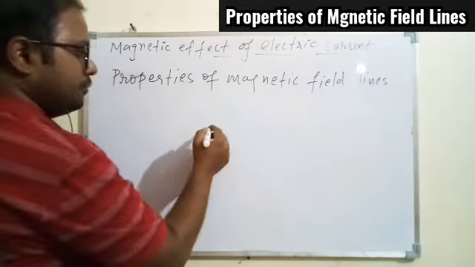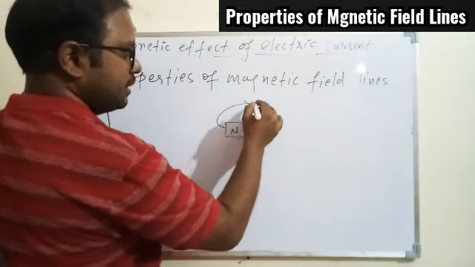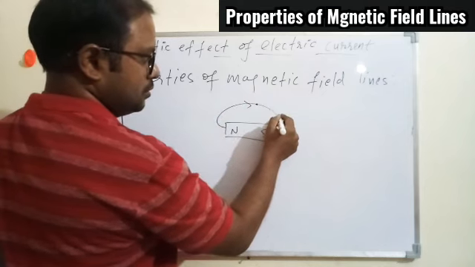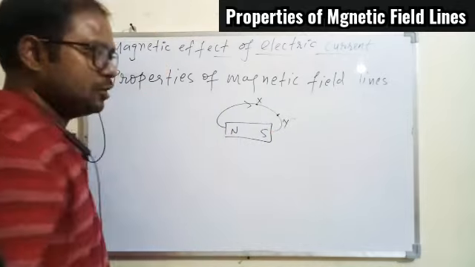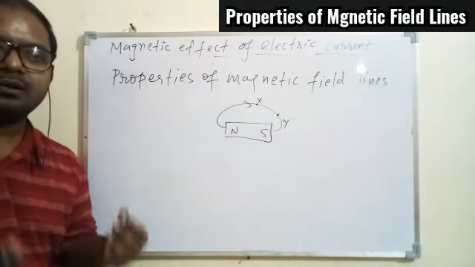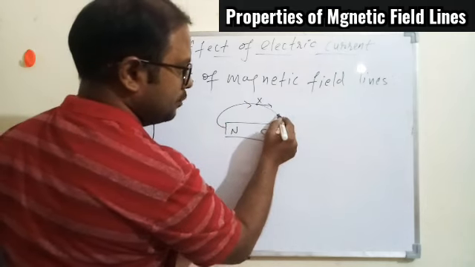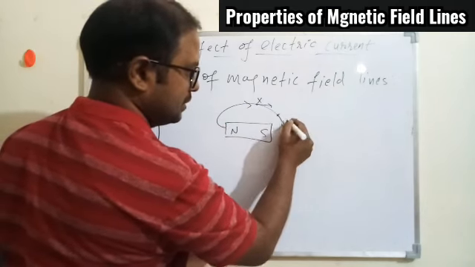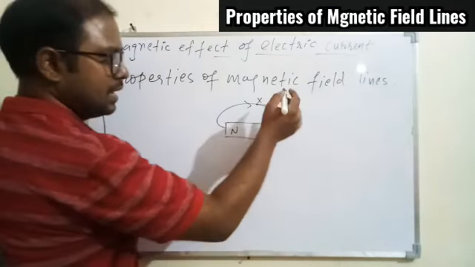And one more thing, if anything is a vector, we know any vector quantity depends on the direction and on the magnitude. So at x and at y the direction is different.